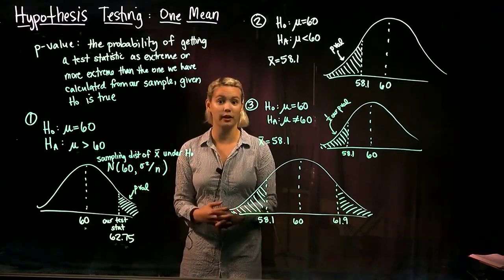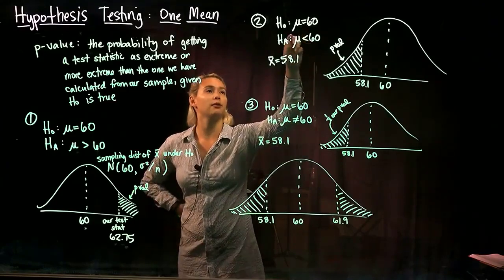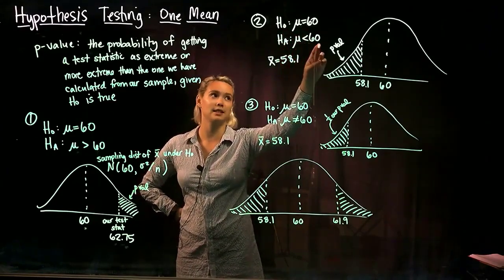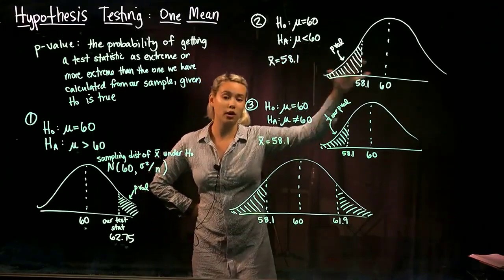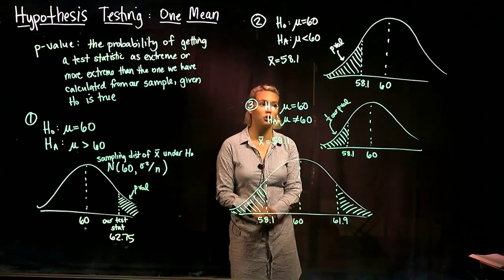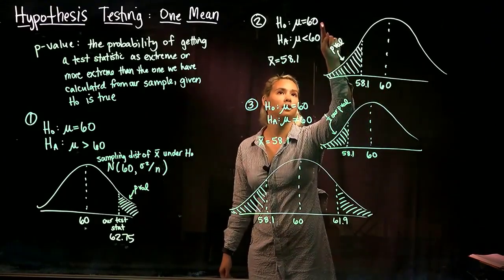Okay, how about if our alternative hypothesis is our parameter is less than some value? Let's think about if our null was mu equals 60, and then our alternative was mu is less than 60. Again, we draw out a similar picture. We draw out a normal distribution with the mean given by the null hypothesis.